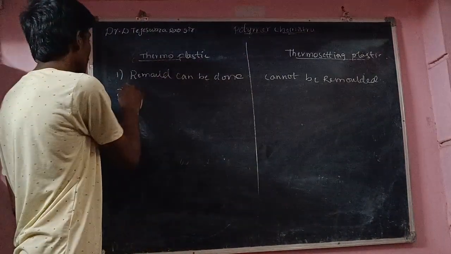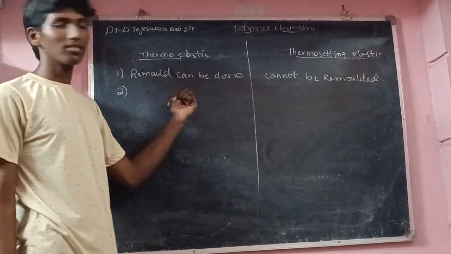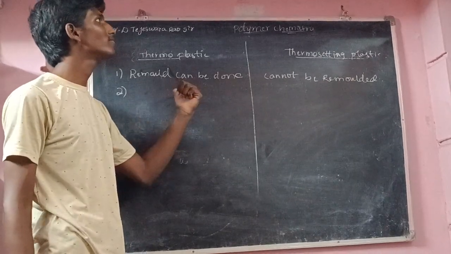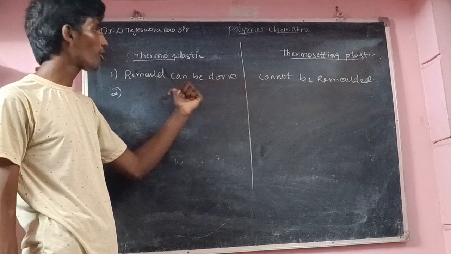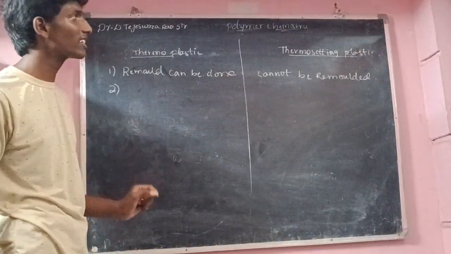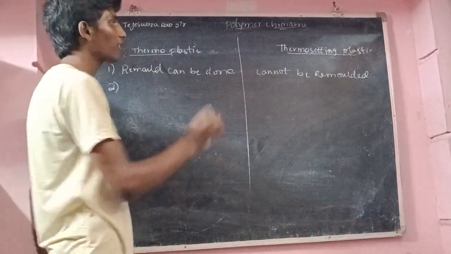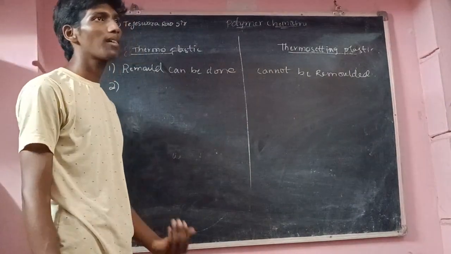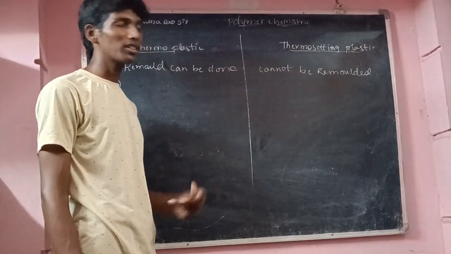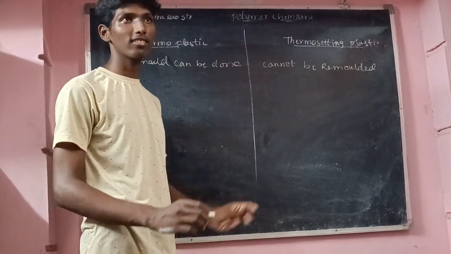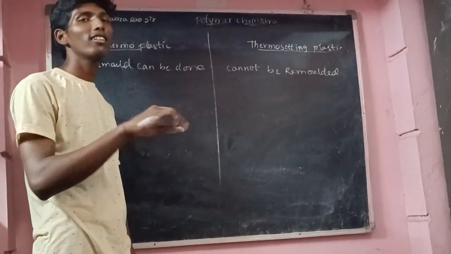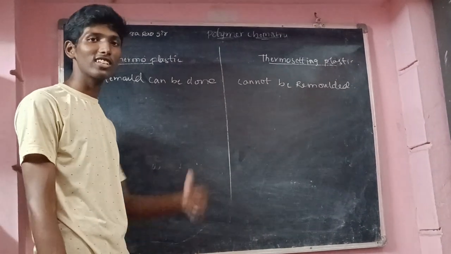The chemical structure and chemical properties are not changed in thermoplastic. In thermosetting plastic, once they set into the plastic, the chemical and physical properties are changed.